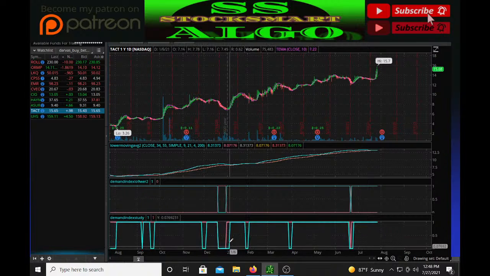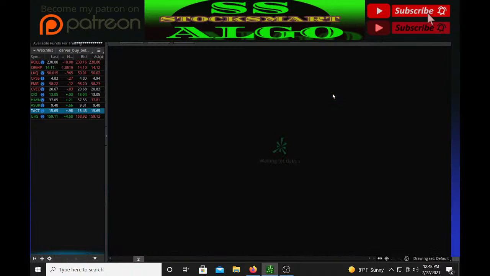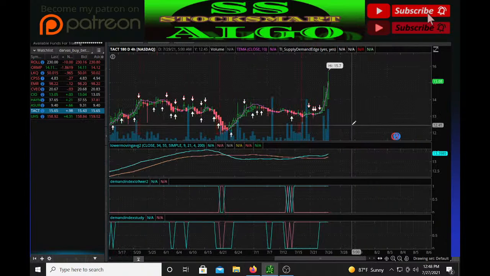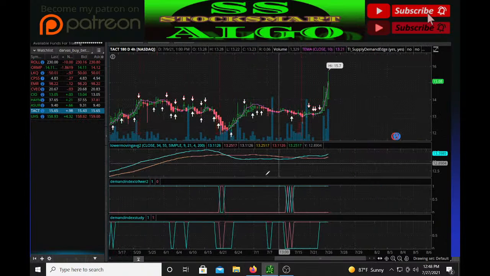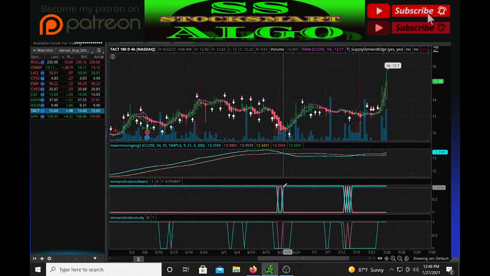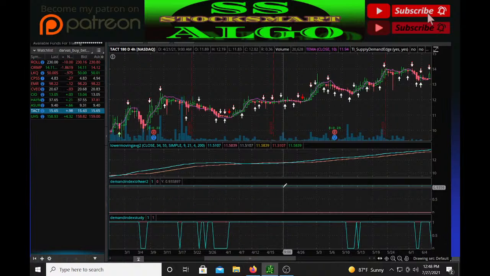And this demand index signal is one that we like to pay attention to, even in our other signals and setups. So this demand index may be a better signaling system than we originally thought.